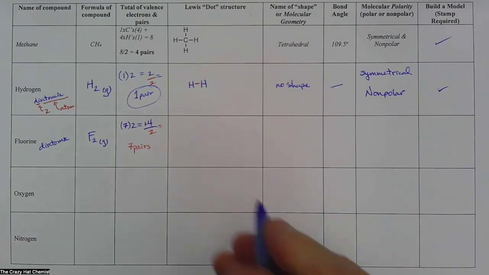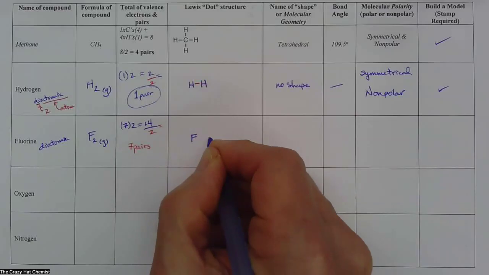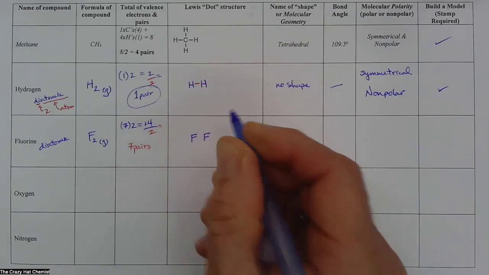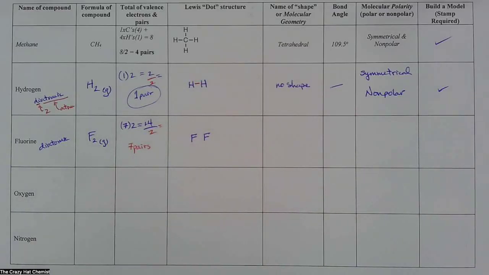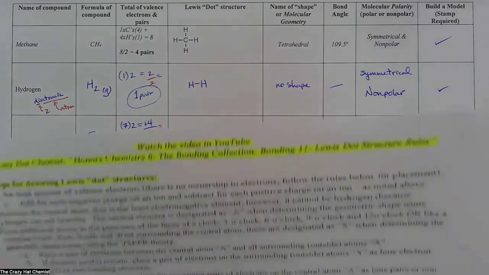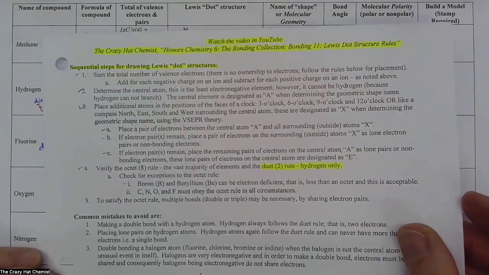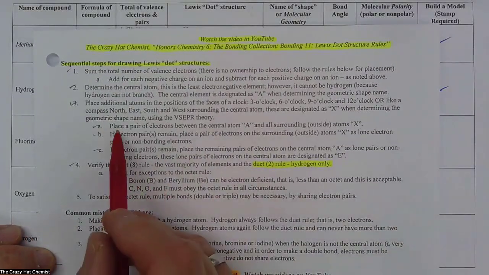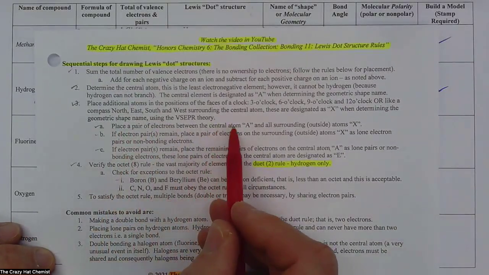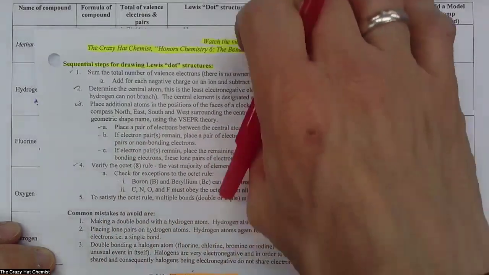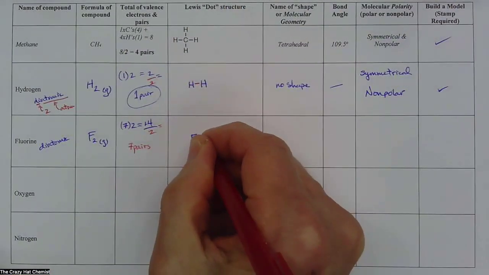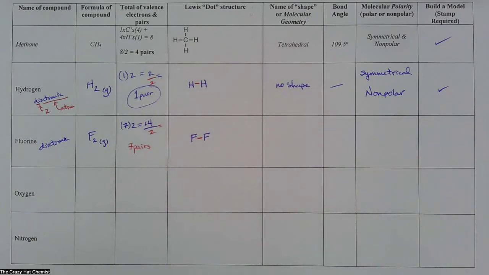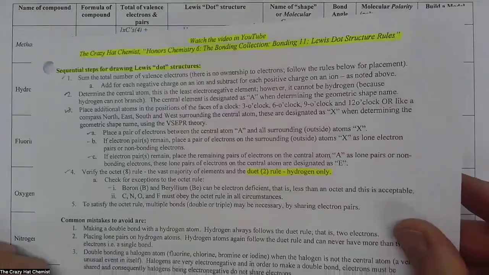Perfect. All right, we're going to draw a fluorine atom and another fluorine atom, and then we're going to follow the rules of electron placement. There's no central atom. There's no other atom for me to look at. So we're just going to place a pair of electrons between the central atom and the surrounding atoms. So bingo, done. That's one of my 7 pairs.